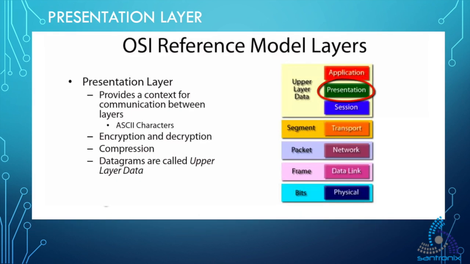The second comes the presentation layer. Now, presentation layer basically means the data in a presentable manner. So here we talk more about the ASCII characters. So data which forms the ASCII characters, that's called the presentation layer basically, right? And it provides a context between the communication layers, and it also does encryption and decryption.